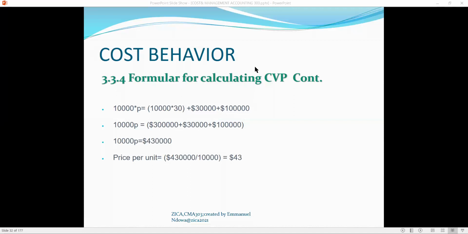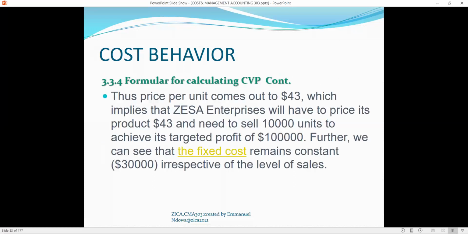And as I highlighted earlier on, you can only change the price when you get the indication from our marketers that our product is inelastic or elastic. Are we clear on that? If we are clear, we can then move on to our next example.